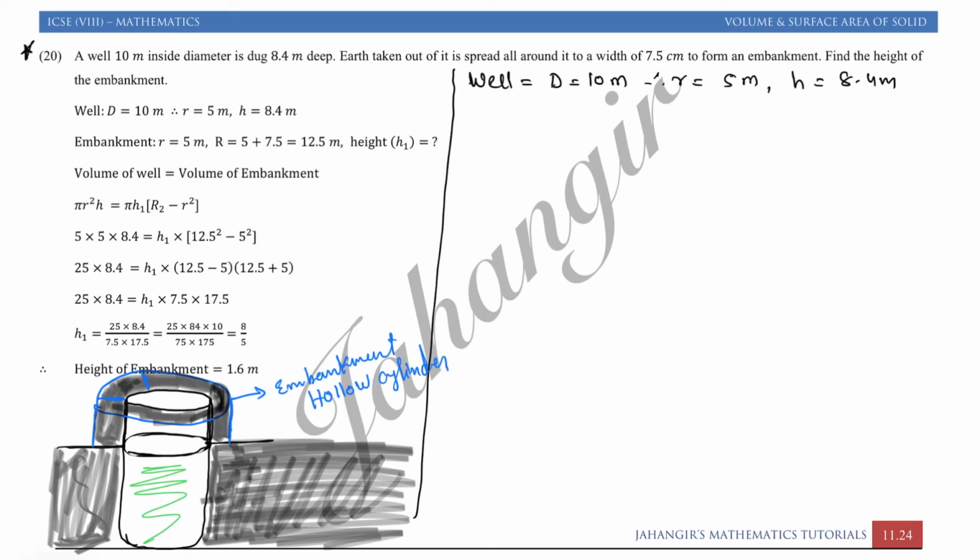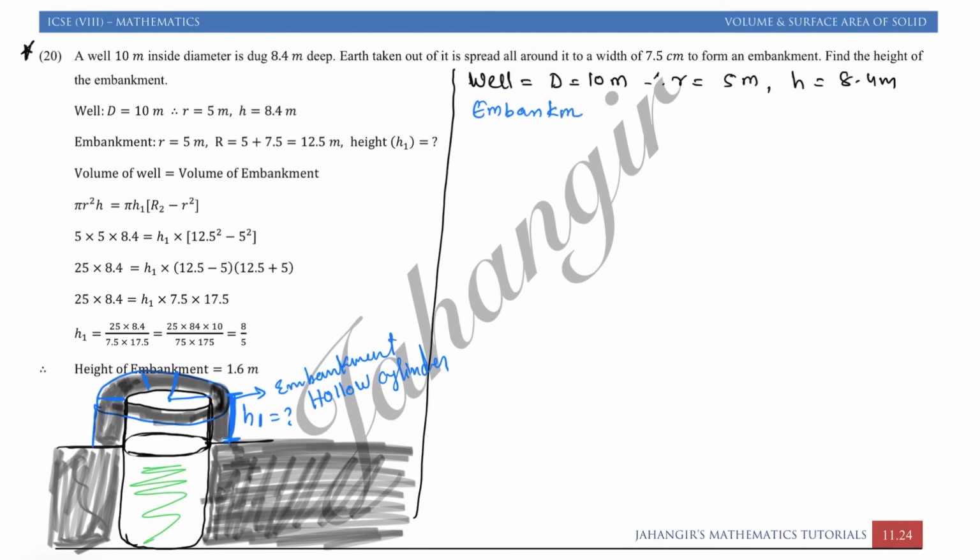Earth from the well is spread in the form of an embankment, whose small radius and big radius we can find. For the big radius, I can write the embankment's height as h1. This is the height of the embankment. If you keep putting that mud, this level will rise, so I have to find the height at which it will reach.